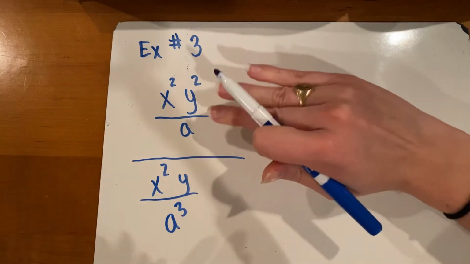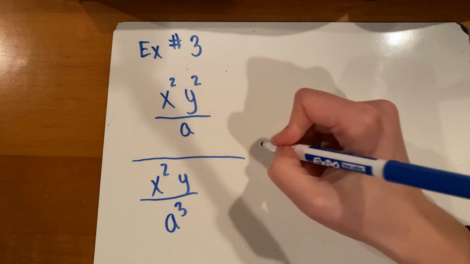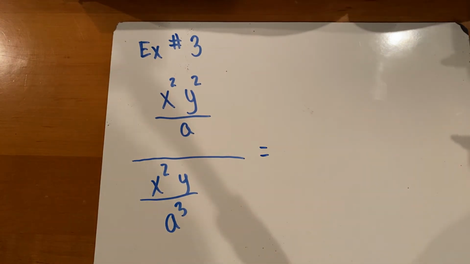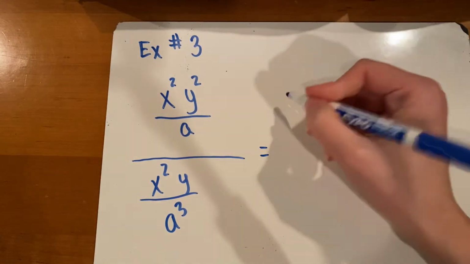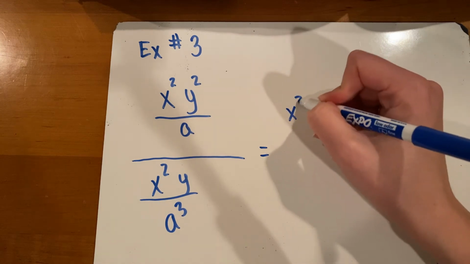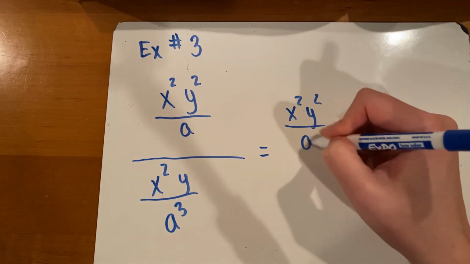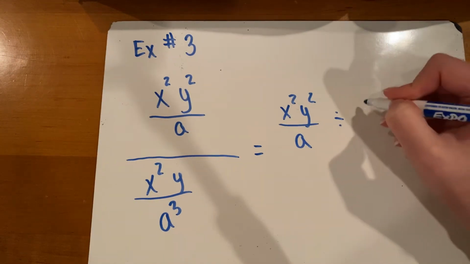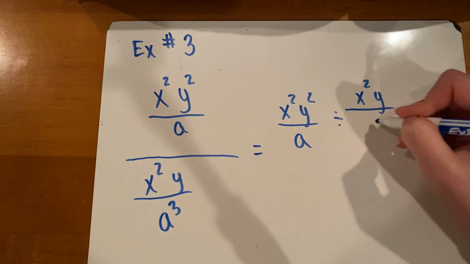So again, fraction 1 is being divided by fraction 2. And so what we're going to do is rewrite it the way we would normally approach this kind of problem if it were written with the normal division sign. So I'm not solving anything, I'm just changing this to a division sign so it gets a little bit easier to see. So x squared y squared over a is being divided by x cubed y over 3.